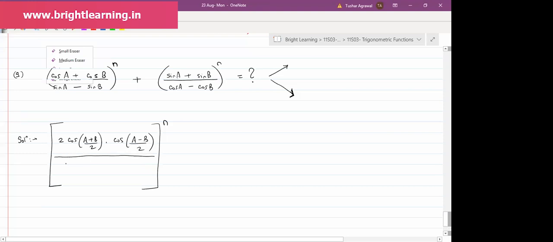Denominator, sin A minus sin B. So the denominator identity is twice sin of A minus B by 2 into cos of A plus B by 2.